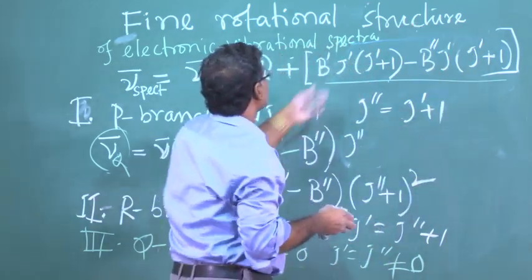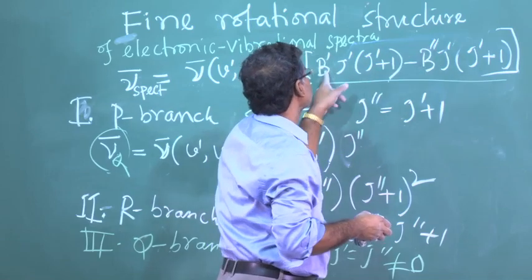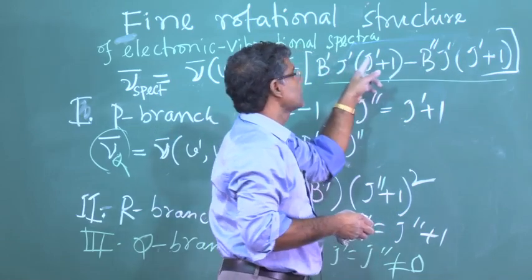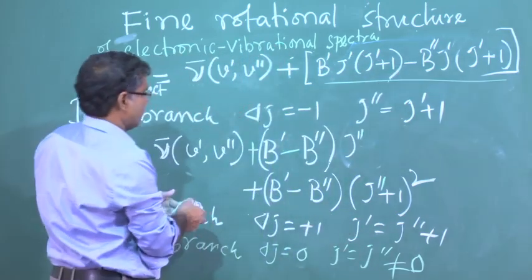If you take common, B dash minus B double dash into J dash plus 1.